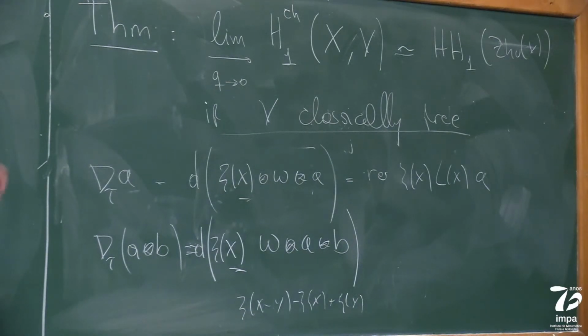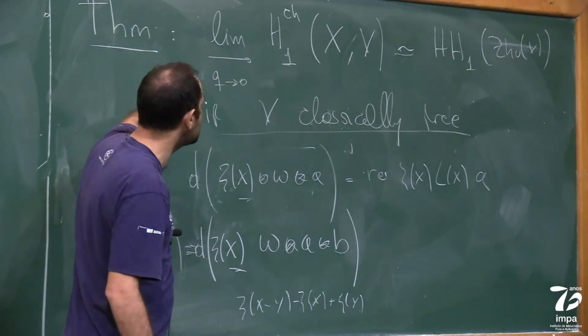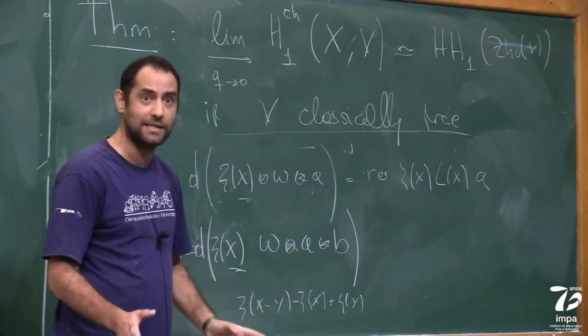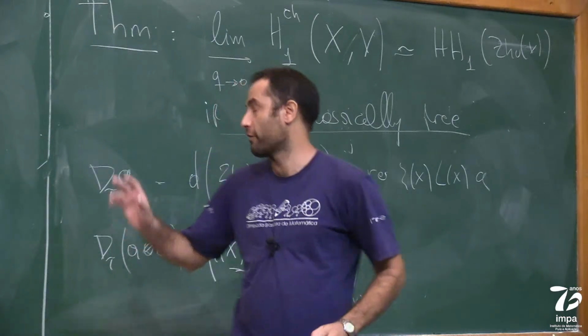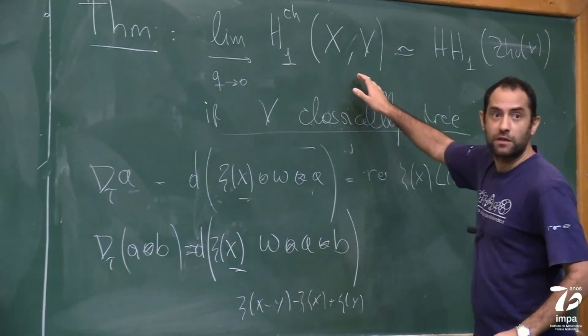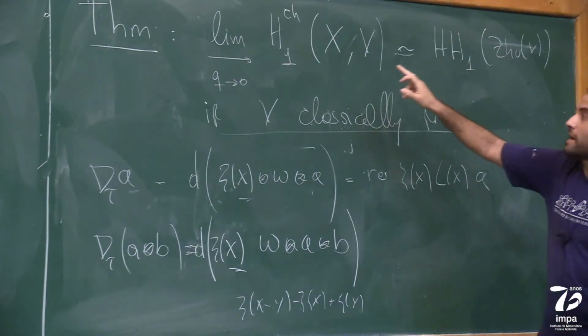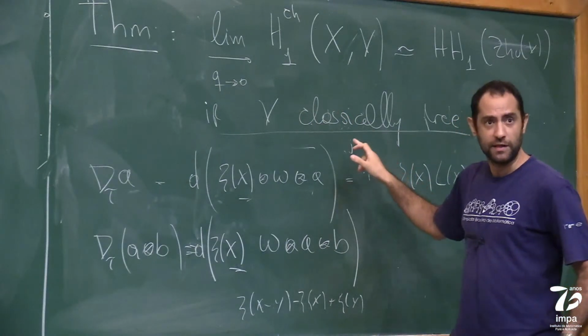So you see, for rational vertex algebras, an easy corollary of this theorem is the following. If you give me a rational vertex algebra that is classically free, then its chiral homology vanishes in degree 1. Because if you're a rational algebra, then this vanishes because U is semi-simple. So the limit as Q goes to 0 vanishes because of this classical freeness.